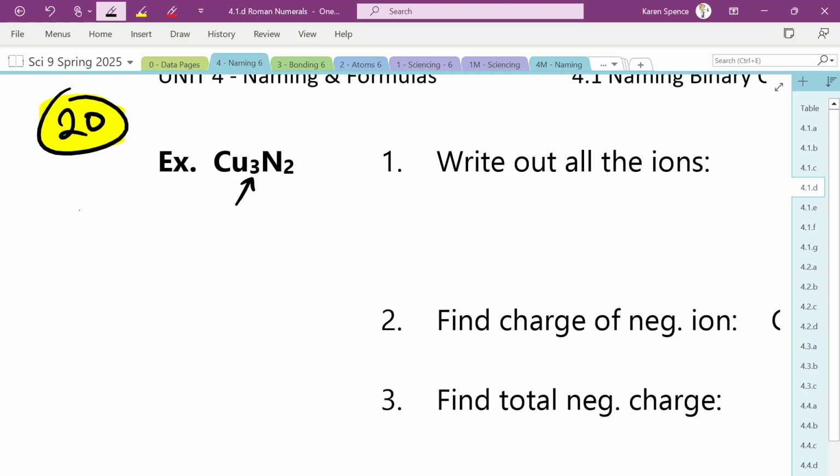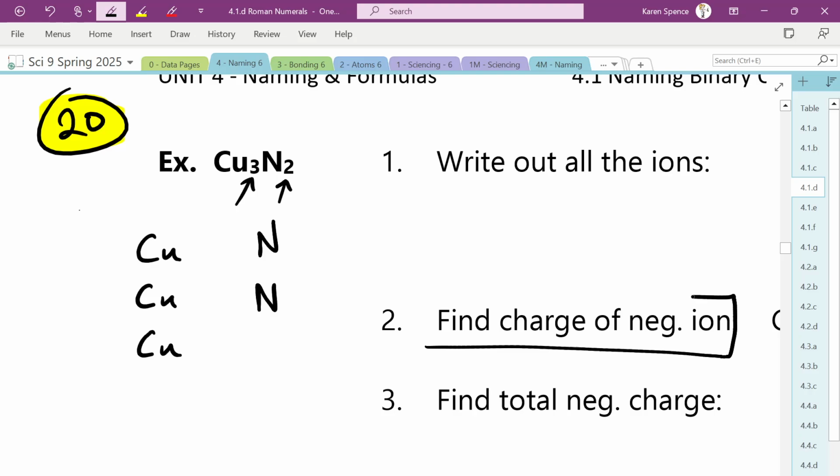How many coppers? 3 coppers. So write down Cu, Cu, Cu. 1, 2, 3. Okay. How many N's do we have? 2. N, N.